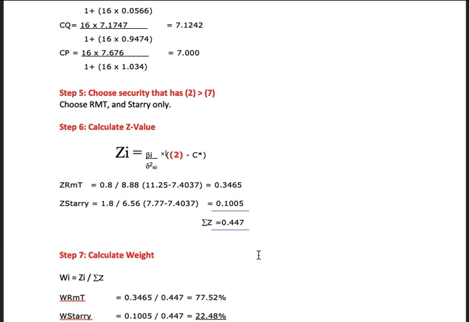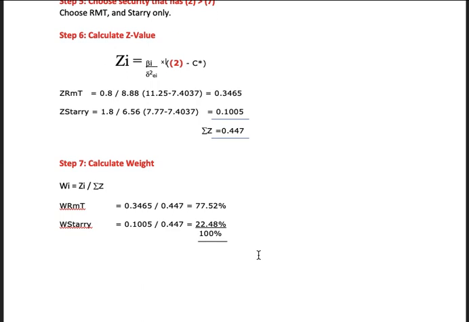Okay, and then here it comes the last step, step number 7, okay, is to calculate weight. So the last one ni kita nak tahulah how much should we invest in the selected security. So just now we have selected RMT and starry. So now we know how much, okay, should we put the investment in RMT and how much should we put the investment in starry.